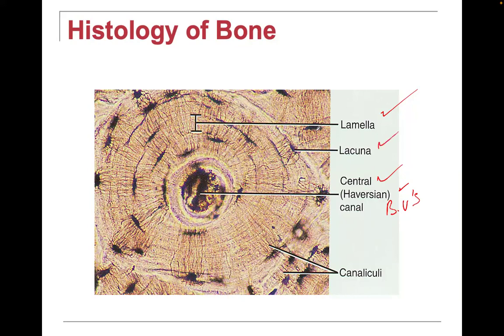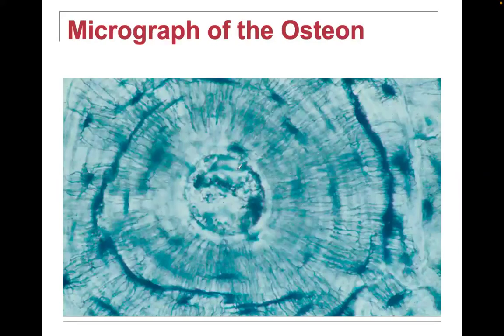The lacunae, these black cavities, that's where the osteocyte sits, which was at one point an osteoblast that got trapped in its matrix. Then you start to see these little canals coming off of it, these spider-like or jellyfish-like legs. Those are the canaliculi. Okay, that is the histology of bone, spongy and compact.